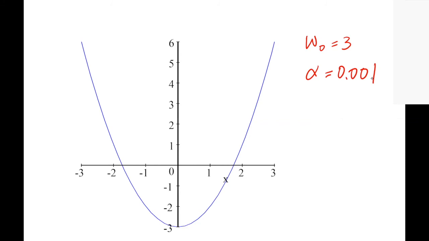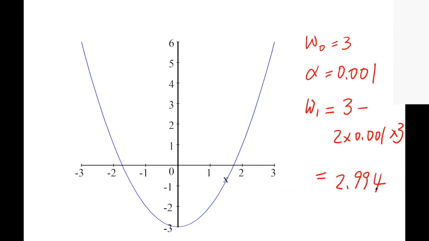So what would I get as W1? It equals 3 minus 2 times 0.001 times 3, which gives me 2.994.